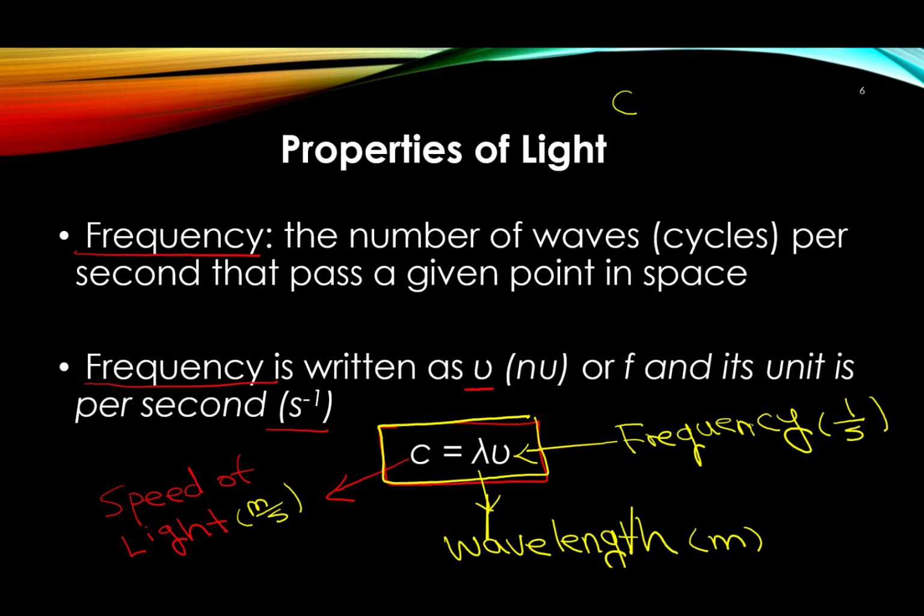Also, if I go back to my previous slide, let me write it here: c is equal to lambda times frequency. Then if the speed of light, which is a constant, I give it a value 1, it will be equal to lambda times nu, and nu is equal to 1 over lambda.